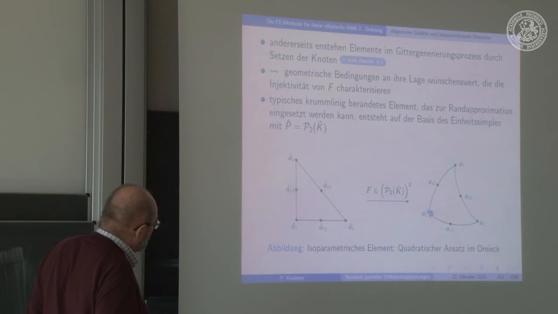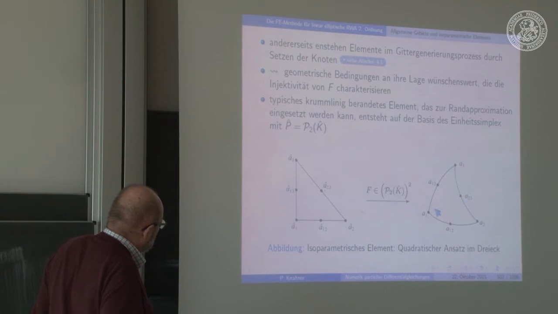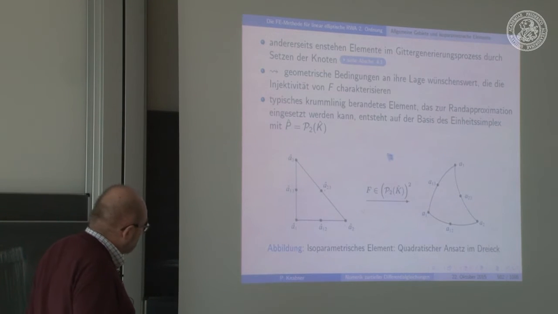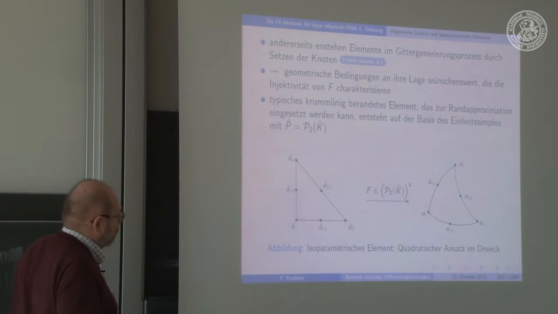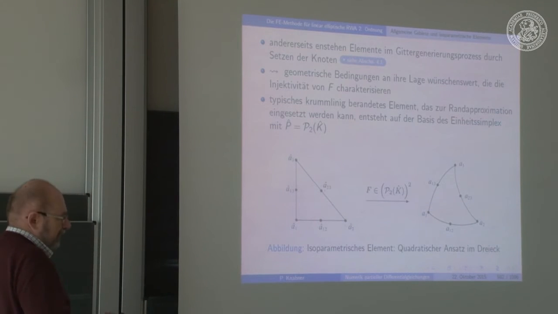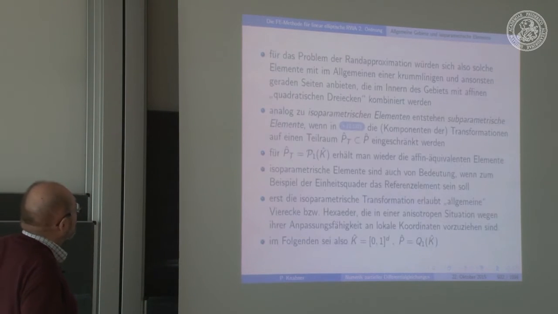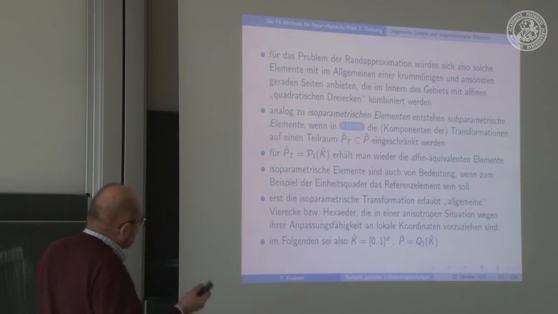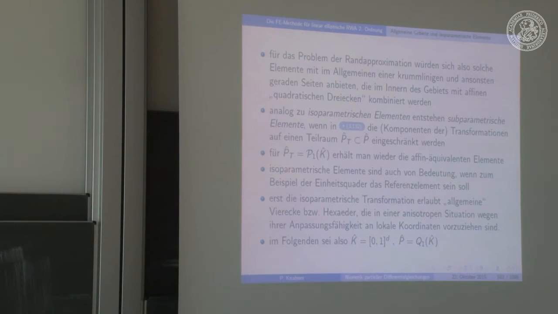We just have to fix those points. Then we have uniquely this mapping. So we could take, so to speak, points on a parabola, if we would say this is good enough for the boundary of our domain, and the points here we could take on straight lines, and then we would get an element which has one curved boundary. So that would be another way to deal with curved boundaries.